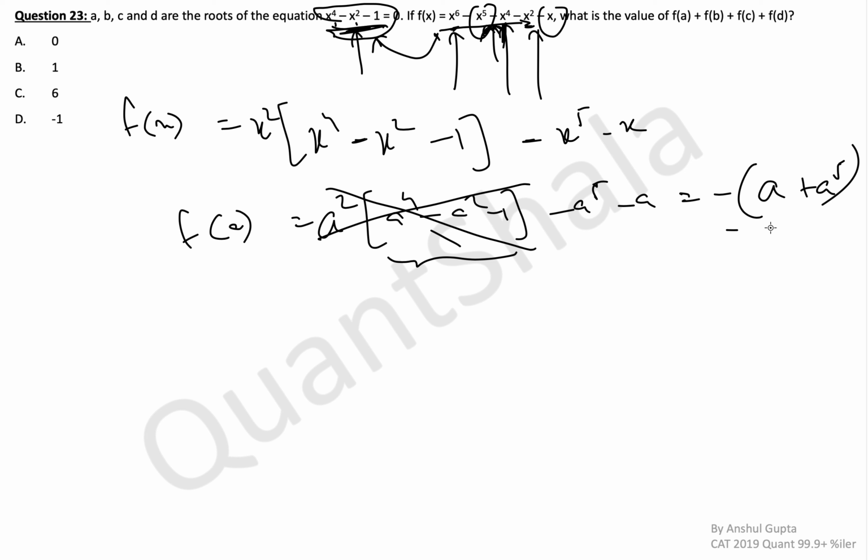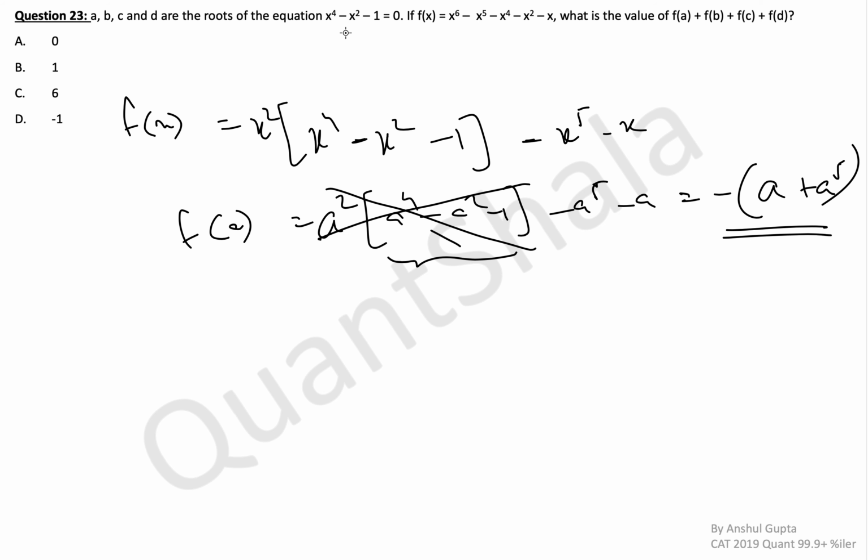Okay. Now one good thing to notice here is that this equation, let me make the equation more clear for you. Okay. So what is sum of roots here? Sum of roots is 0, because the x cube term is 0. Okay. That means a plus b plus c plus d is 0.